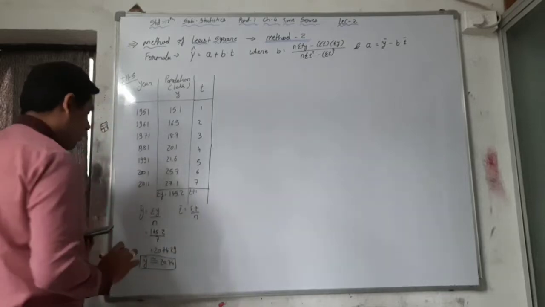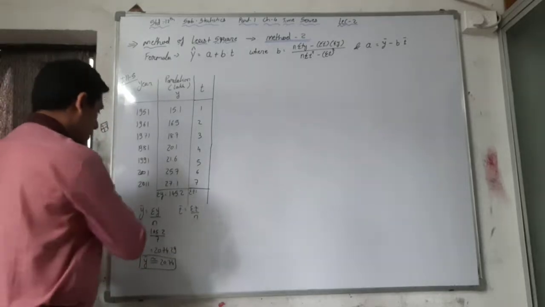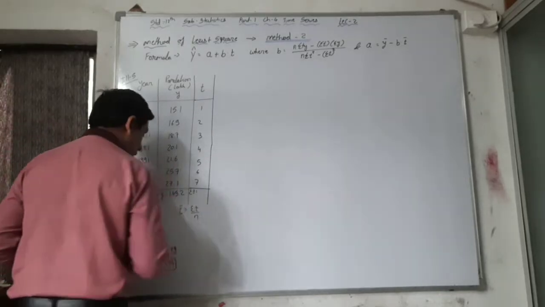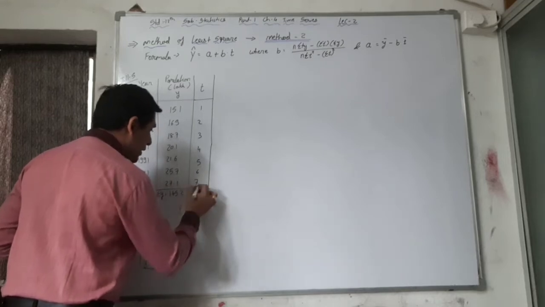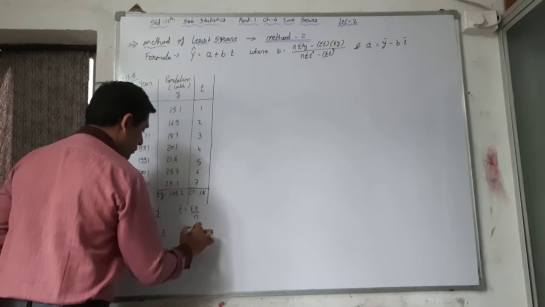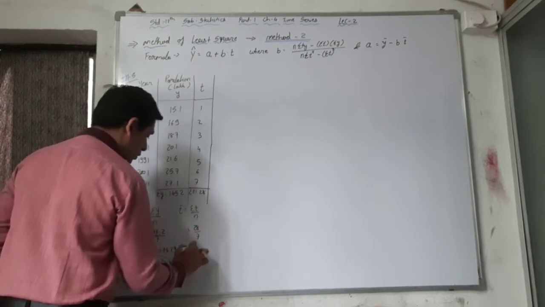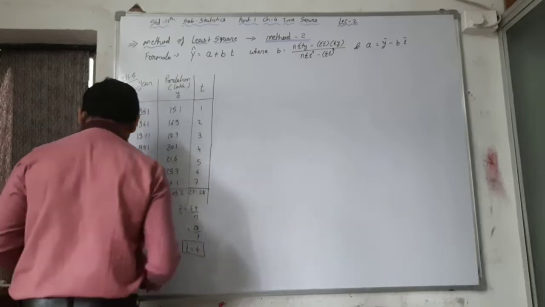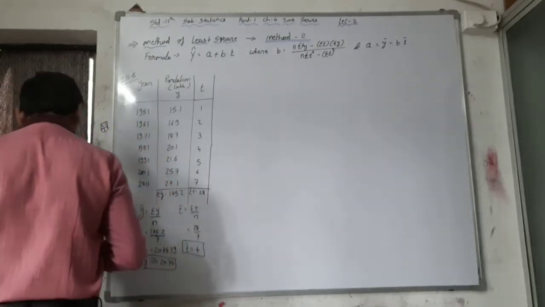See, this is your first value, that is your y bar. Now the second one, t bar is equal to sigma t. Here what is the total? 28, so here t bar is equal to 4.